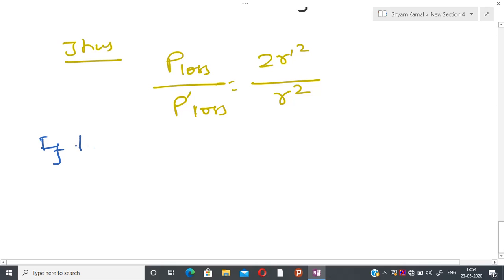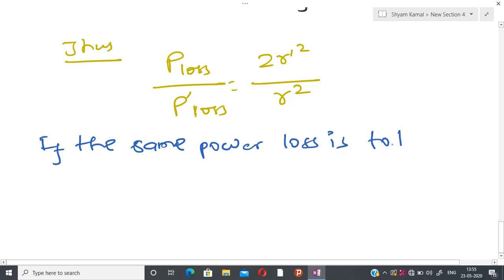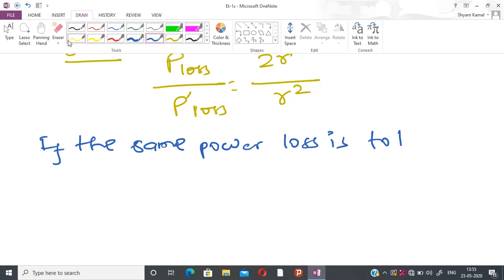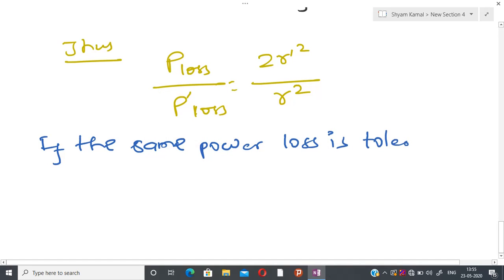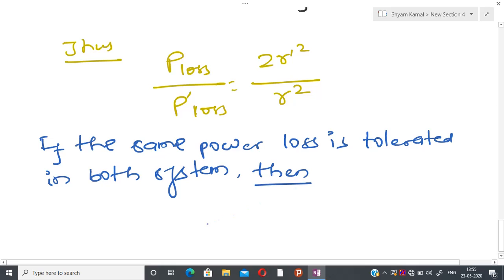So if the same power loss is tolerated in both systems, so if we are assuming that power loss in first one and second one both are same, then I can easily write that r square is 2r dash.